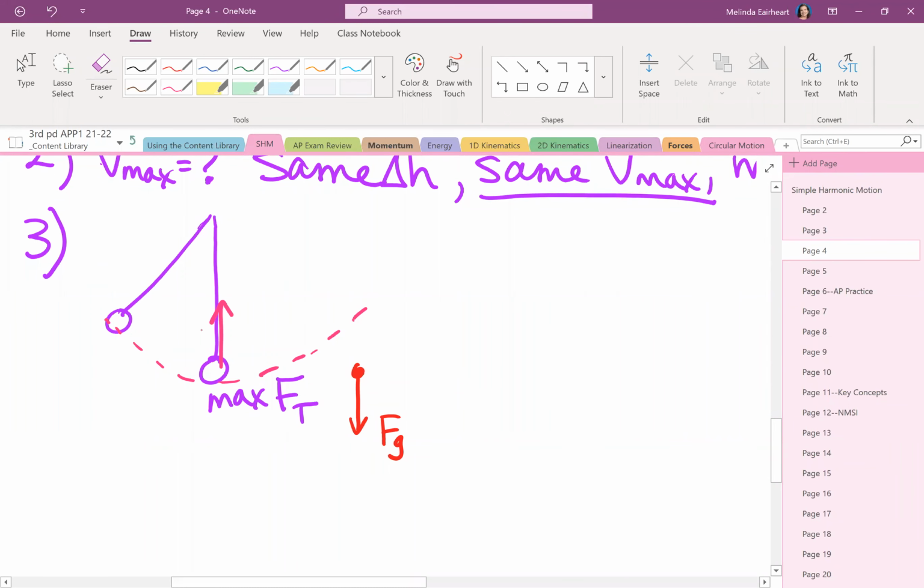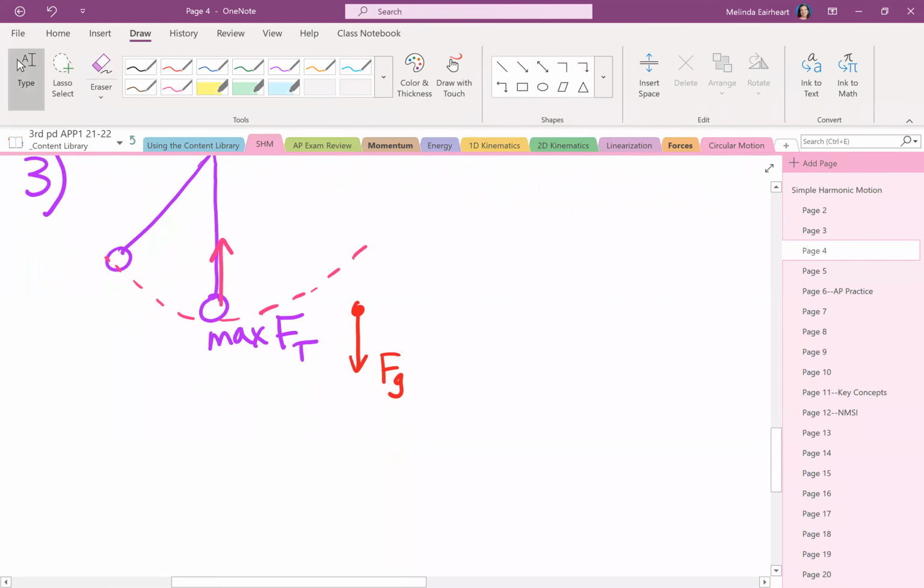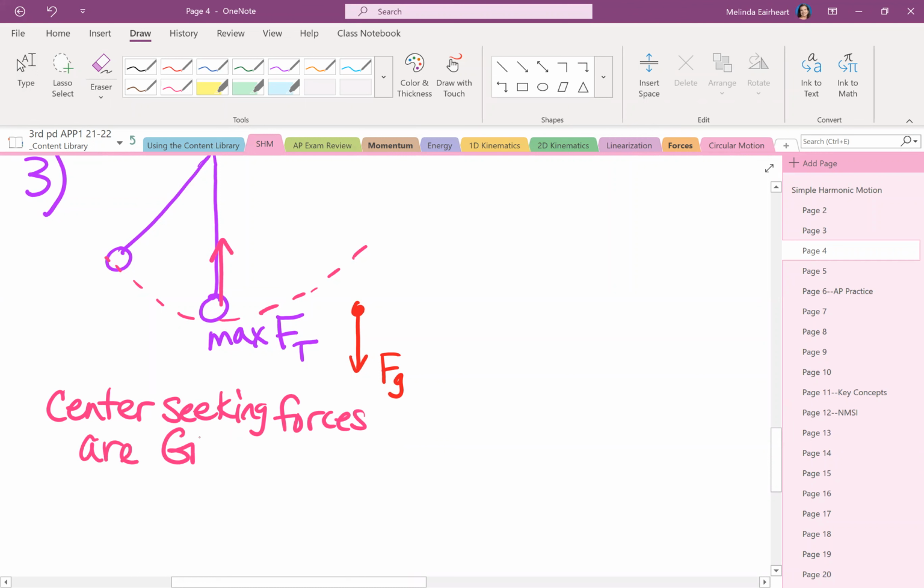How do we draw center seeking forces compared to center opposing forces? Not the same. It's got to be bigger. So here's your little centripetal motion review. Center seeking forces are greater than center opposing.